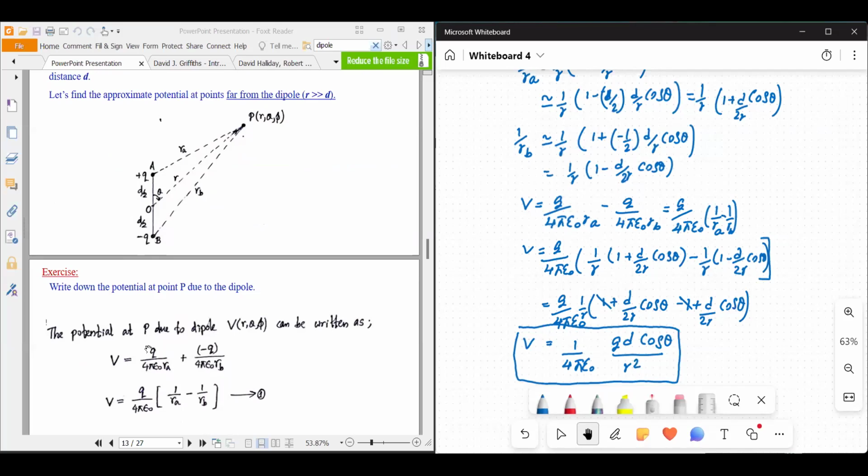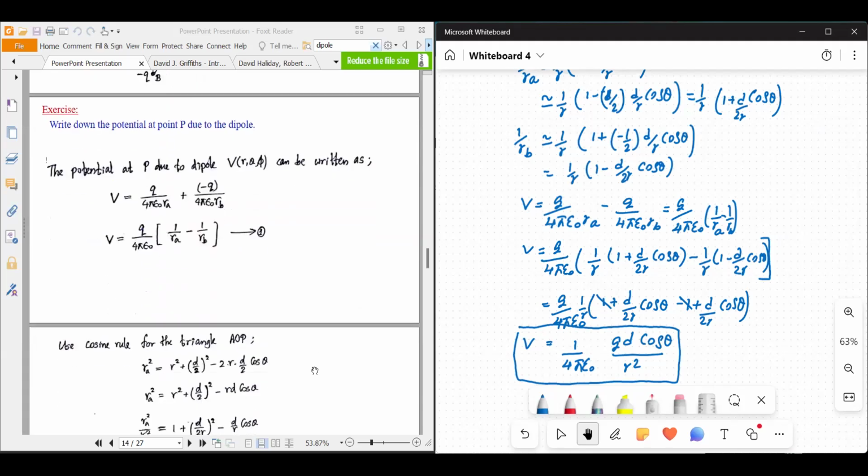So we wrote the equations for those two potentials. From plus Q, we have Q over 4 pi epsilon naught Ra, plus from minus Q, minus Q over 4 pi epsilon naught Rb. In the potential, we can take the common factors out: Q over 4 pi epsilon naught times 1 over Ra minus 1 over Rb.